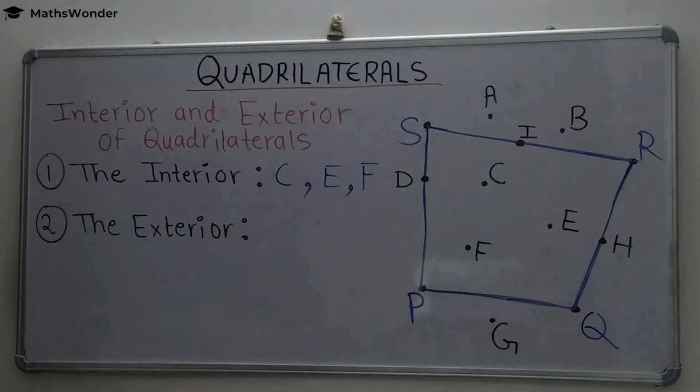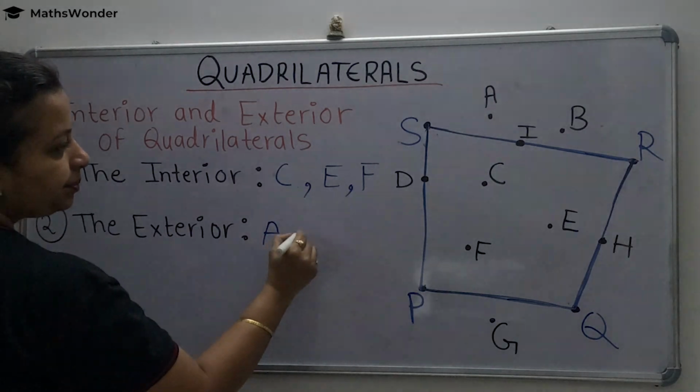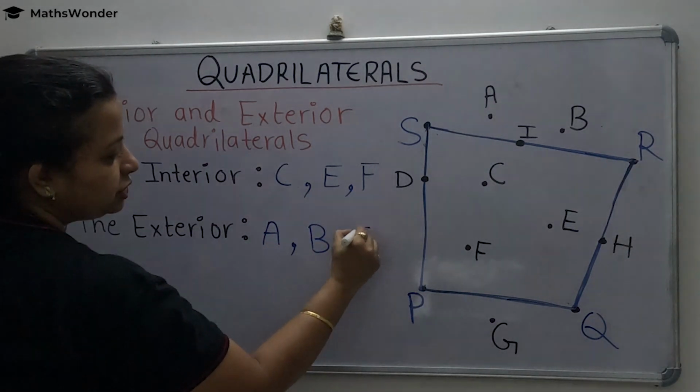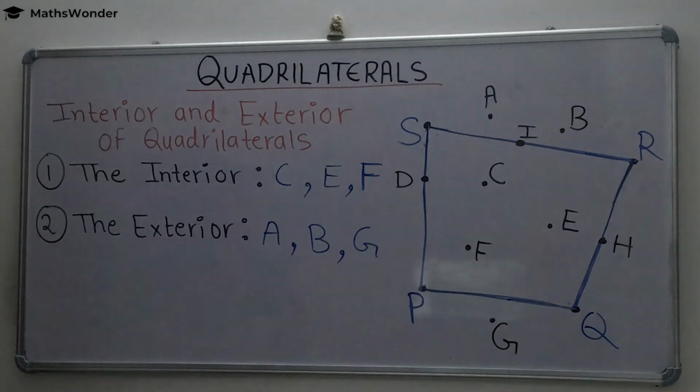So how many points are in the exterior region? A, B and G lie in the exterior region. Hence they are called exterior points. We have 3 points outside the boundary, A, B and G.